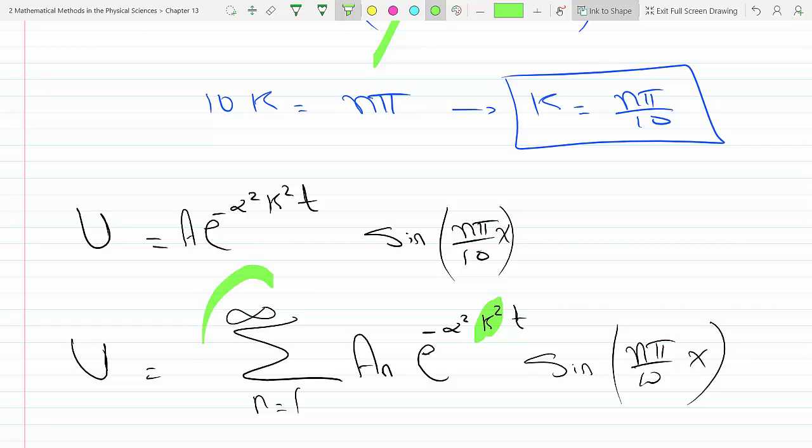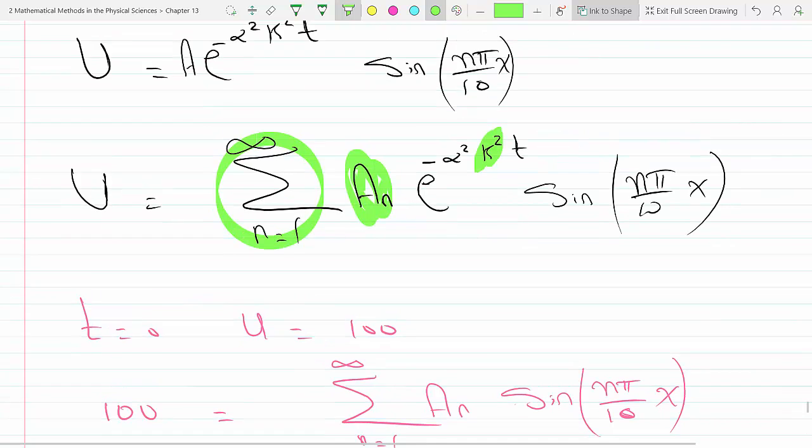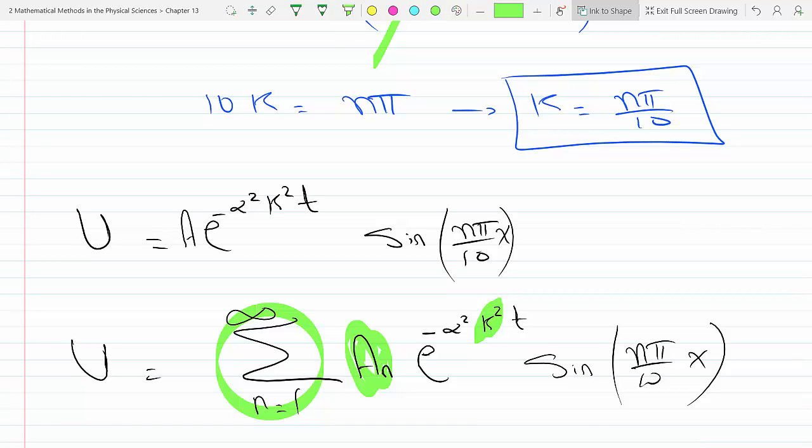So that's where I bring this summation in, to say that I'm summing all the different solutions for the different n's, multiplying some coefficient an that I don't know, which I need to determine, because I don't know what that coefficient is once I sum them up. It could be different for every term, so that's unknown.